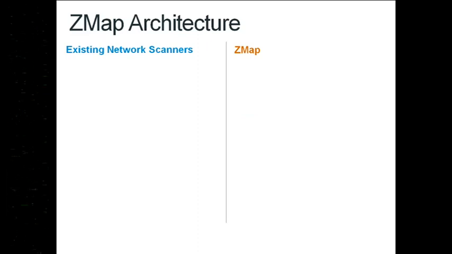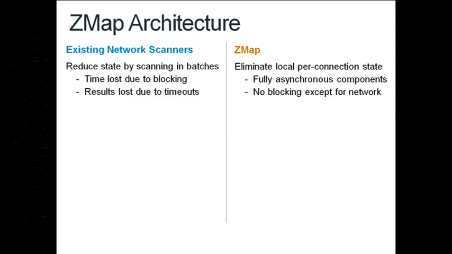So in developing ZMAP, we realized we needed to do a bunch of things differently from existing general-purpose scanners like Nmap, in order to try to get really high bandwidth performance out of it. So one thing we decided to do was attempt to eliminate as much state as possible from each of the connection attempts we're trying to make. So the way Nmap works, it maintains some state to track each connection it's trying to open.